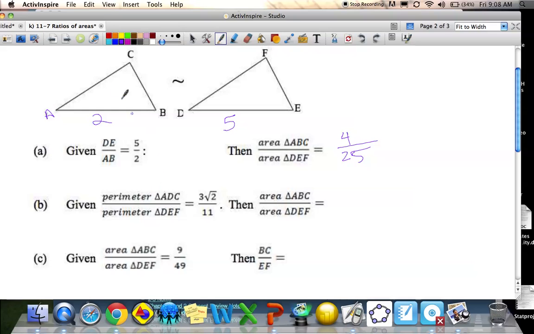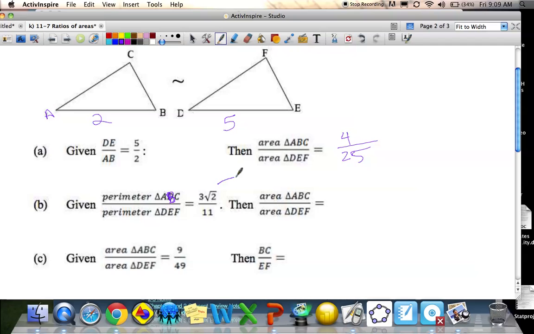The perimeter they give you is 3 root 2, and the perimeter of this one is 11. This should be a B, ABC. If you think about the perimeter of similar triangles, they also follow the scale factor rule.